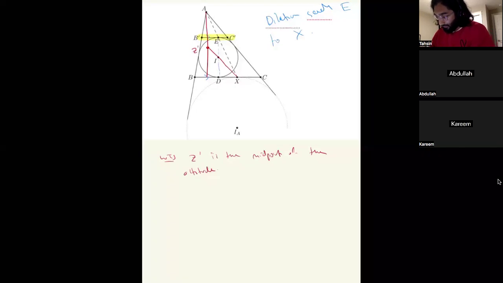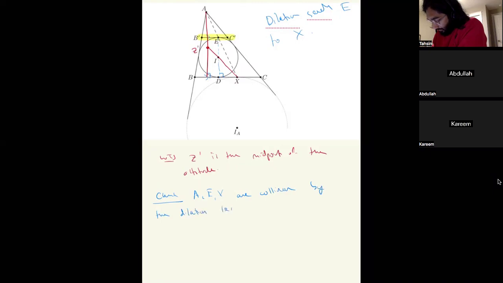So the point here is we can check that, first of all, A, E, X are collinear by, let's call it, the dilation lemma.